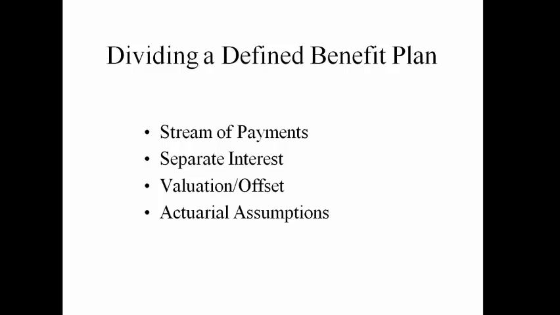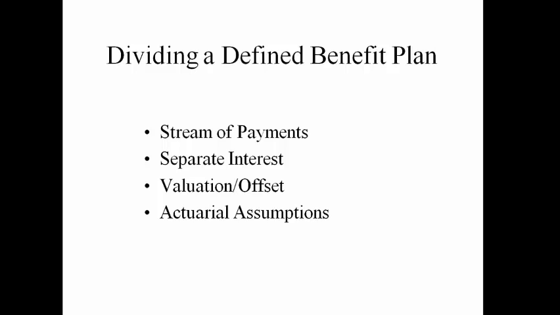But if it's a regular defined benefit plan, here we deal with benefits. And there are two basic ways that we can divide those benefits between the participant spouse and the non-participant spouse. The first is called the stream of payments method. That means that at some later date, when the participant spouse will get his benefit or her benefit, we will split that stream of payments between the two parties at that time.